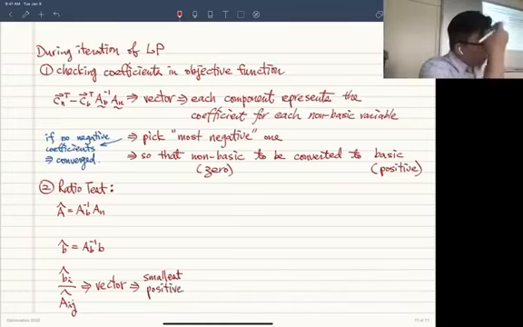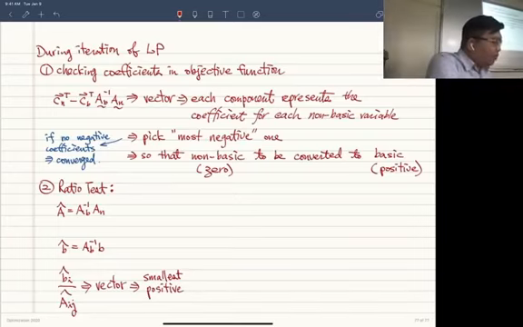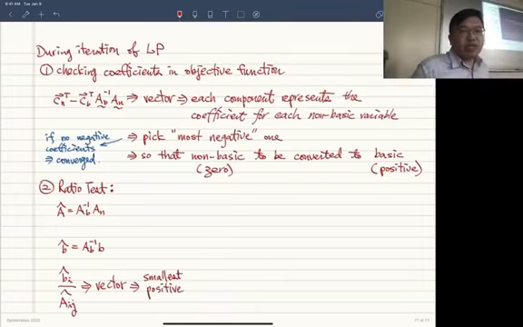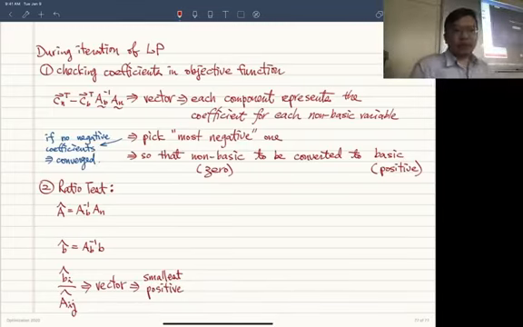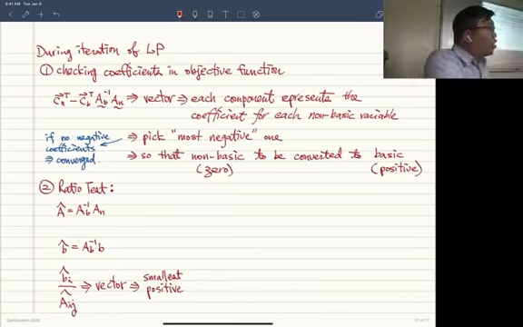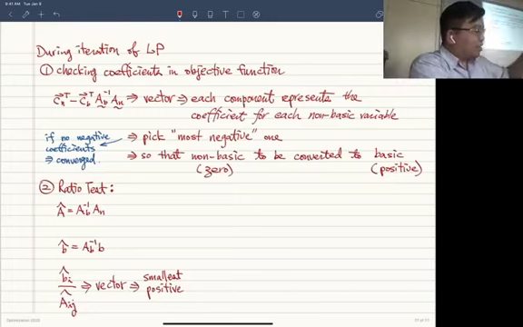When you pick the smallest positive, that means the representing basic variable will be reduced to 0, and the rest of the basic variables are still not yet 0.